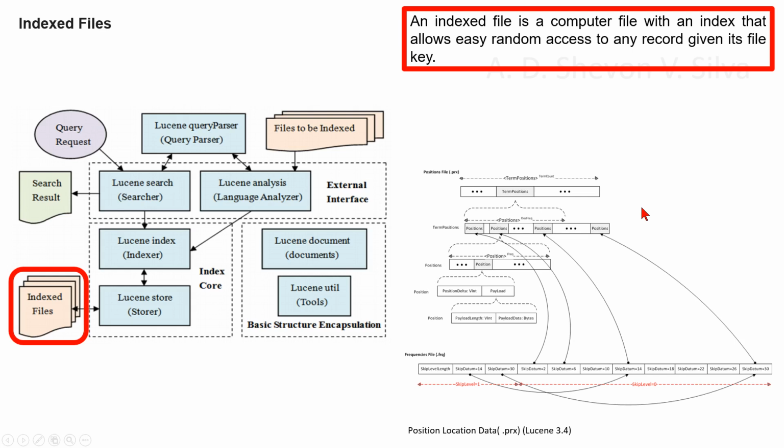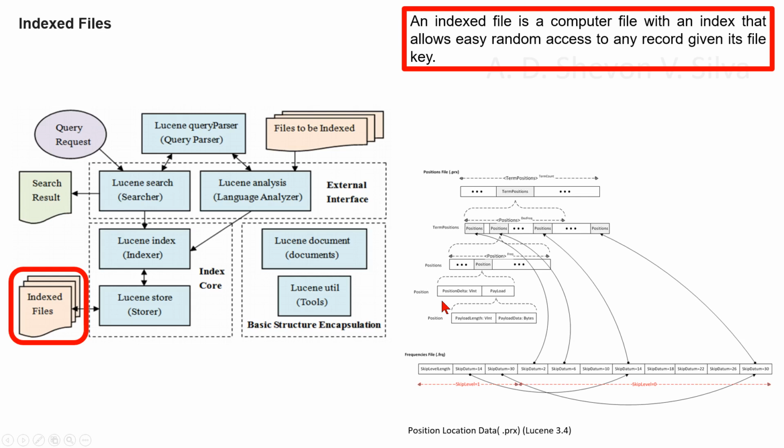The position delta is the difference between the position of the current occurrence in a document and the previous occurrence, or 0 if this is the first occurrence in the document.